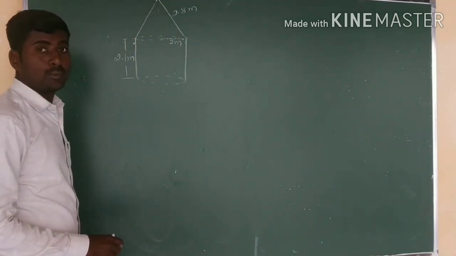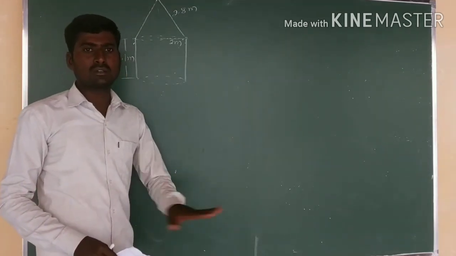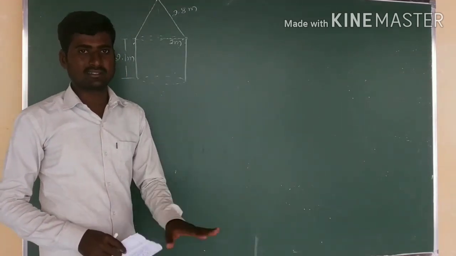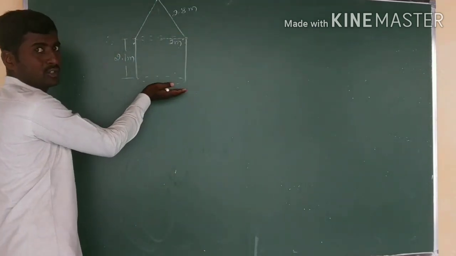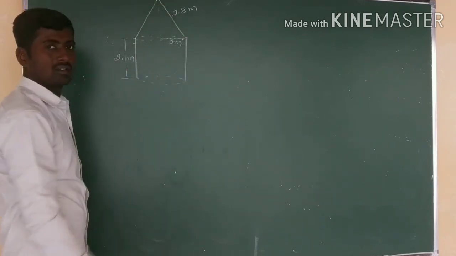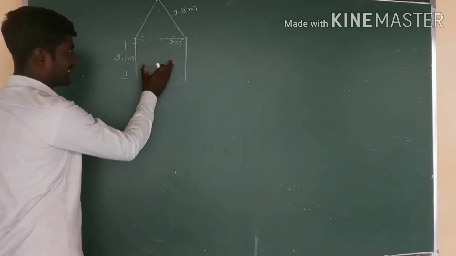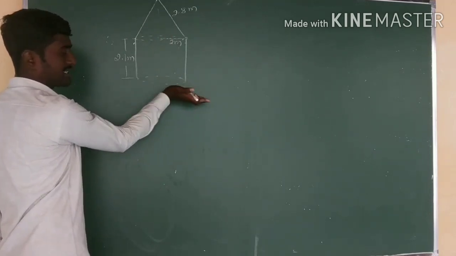But we cannot make the canvas for the base. Base we are not going to put any cover on this. So we will put cover on here only. So not here, it is not useful for us. So we have to find this area. How we can find? Since it is a tent, here it is open. So here it is the base.